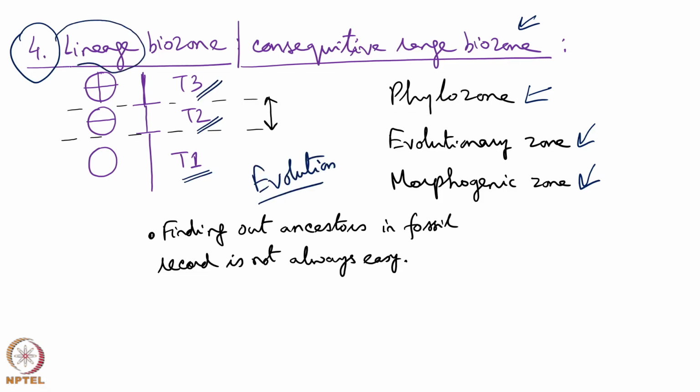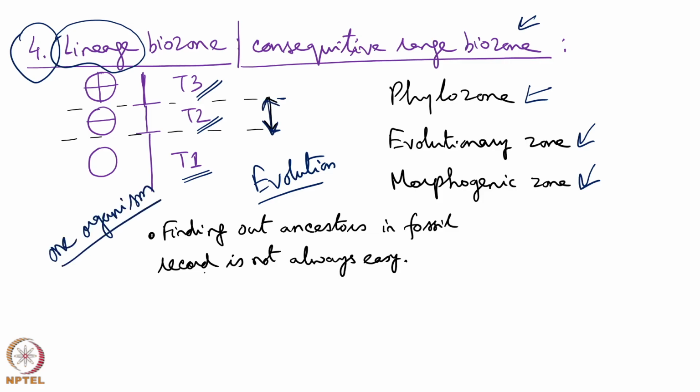Whenever you find the word lineage, it means evolution is involved. So, we may define that T2 happened in a geologically shorter time range and it is possible to correlate with other basins. Then we can call this the interval biozone, the lineage biozone, and here, as you note, we are starting with one organism and checking its evolution.